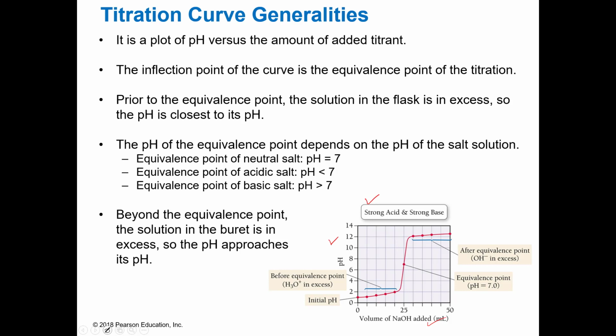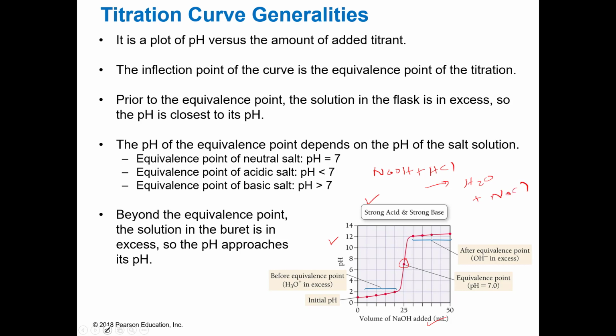What you're going to have is the equivalence point occurring at a pH of 7. And you go, why is it a pH of 7? Well, if you take the sodium hydroxide and react that with the hydrochloric acid, you're going to get water, which is a pH of 7, and sodium chloride.